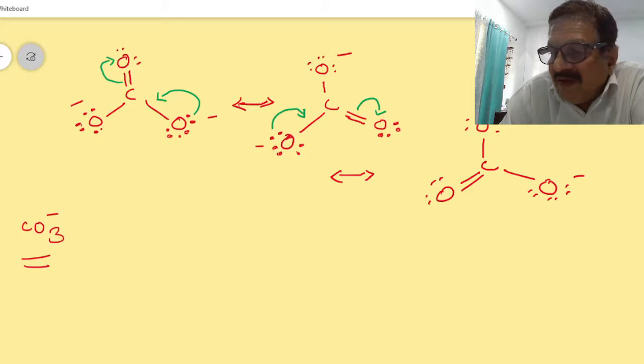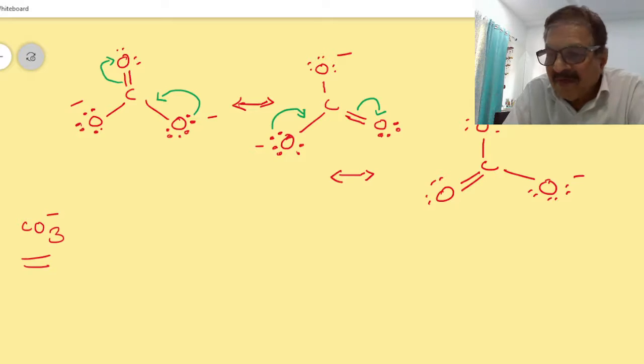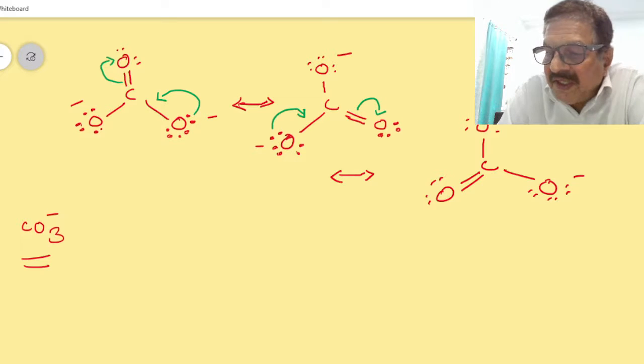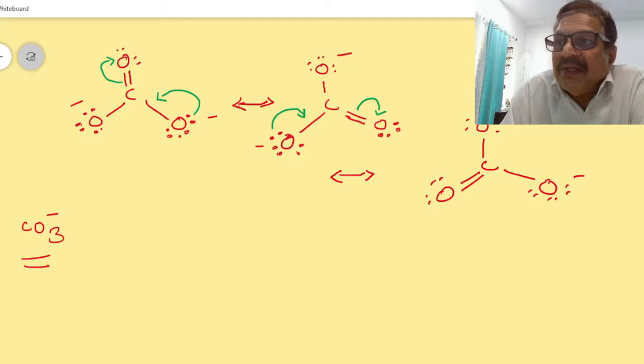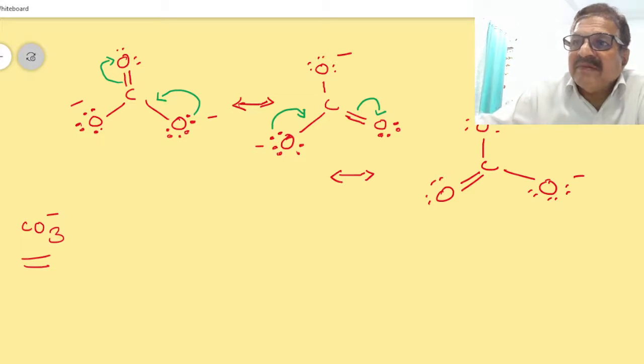Electron pairs are not localized. Localized means it will be sitting on a particular atom all the time. It's not doing that. It is delocalized, that is, it is spread over 2 or more atoms here. Therefore, the stability of this particular anion or molecule increases.